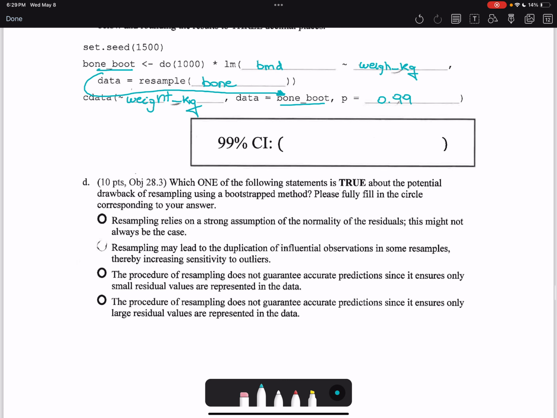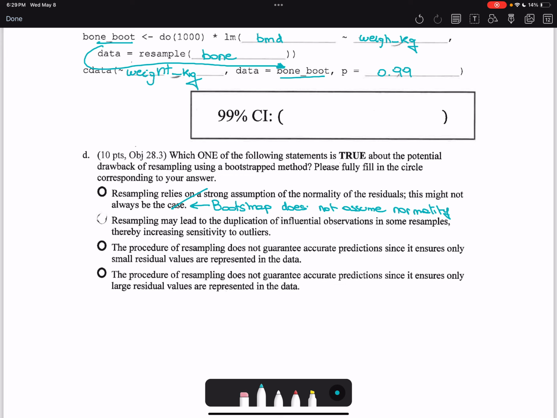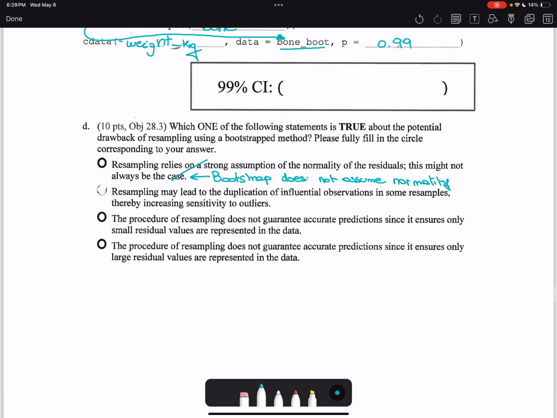So resampling relies on a strong assumption of the normality of residuals. This might not always be the case. No, this would not be true because bootstrap does not assume normality. It's actually a way to not have to assume normality, to get around that assumption. Resampling may lead to the duplication of influential observations in some resamples, thereby increasing sensitivity to outliers. I like that one. That's kind of what I was saying.